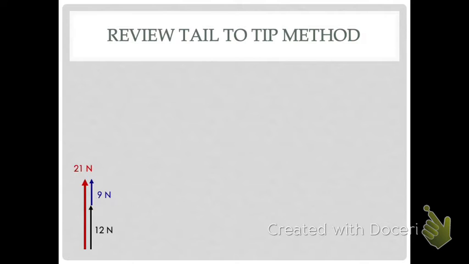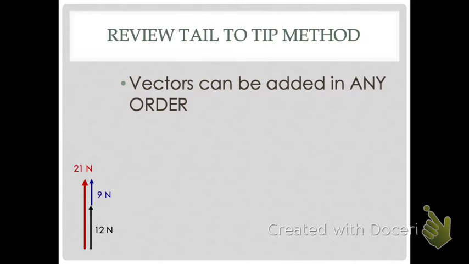So, all right, when we talked about vectors the first time, we introduced what's called the tail to tip method, right? And that is where we add our vectors one right after the other, okay? And when we had the tail to tip method, we start to look at how we put them together, right? And we introduced the fact that it doesn't really make a difference what order in which we add our vectors, right?